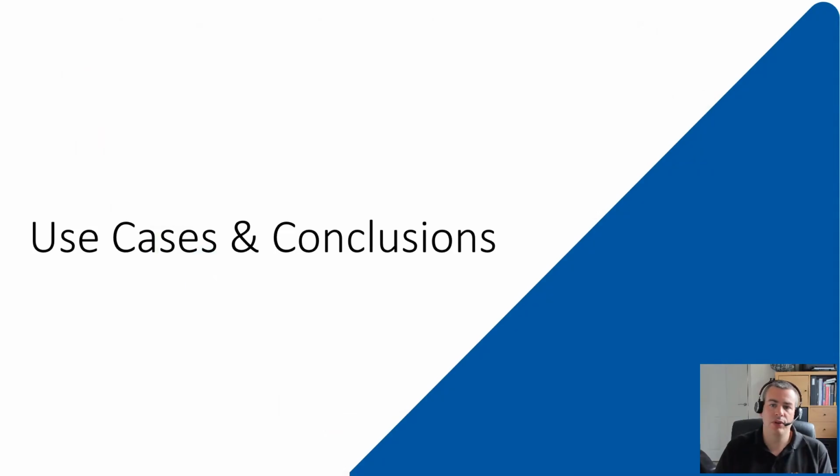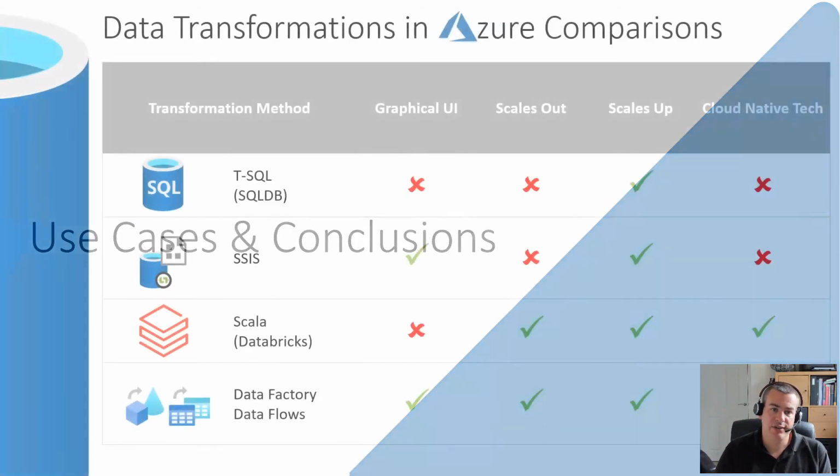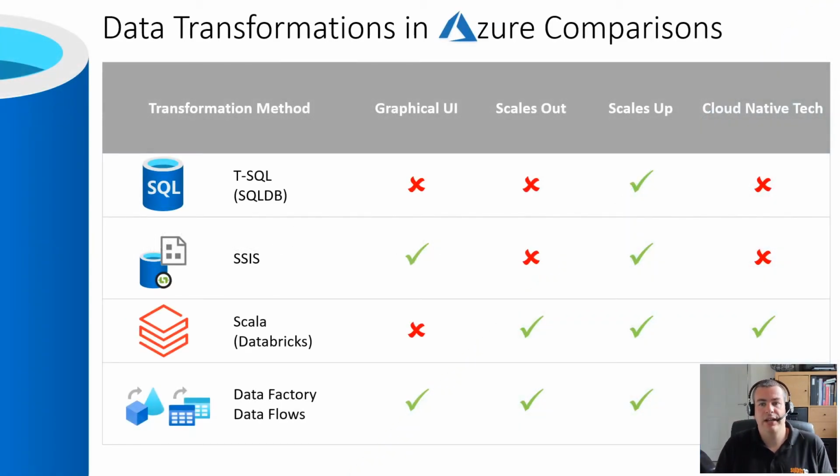What I now want to do is wrap all this up and draw some meaningful conclusions from this, and hopefully tie back to some of those questions that we've asked. The first thing I want to say is, when it comes to our data transformation tools, I've put together this short table of where I think data flows are important and where we have that distinction, because we talked about scaling up versus scaling out.